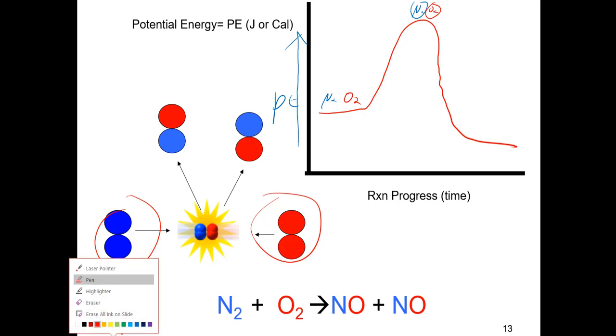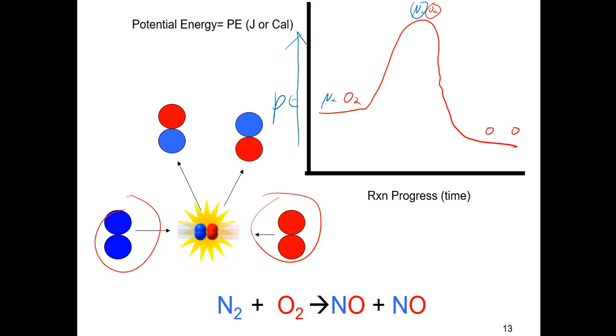And then here are your final products, where we have two molecules of NO, also known as nitrogen monoxide or nitrous oxide.